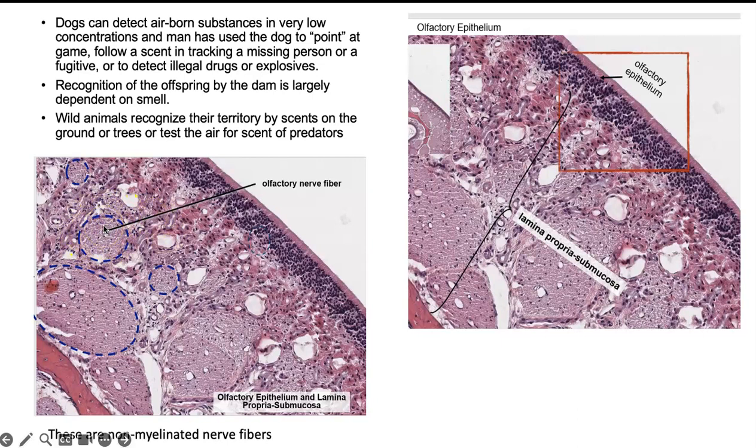Olfactory epithelium is important because dogs can be used for discovering illegal drugs, for finding missing persons, right? And also for many security purposes. So dogs have well developed olfactory epithelium.